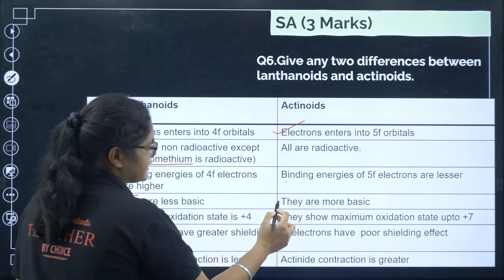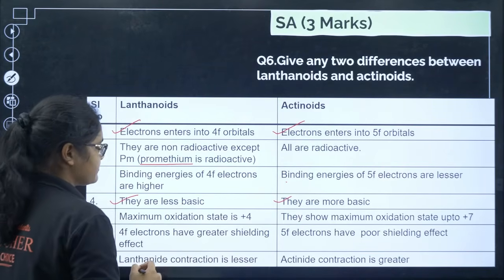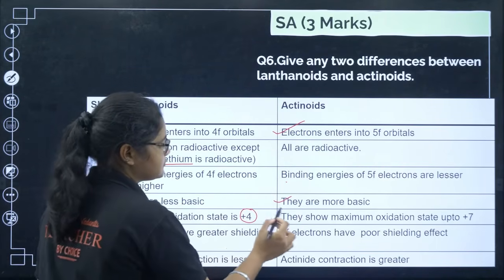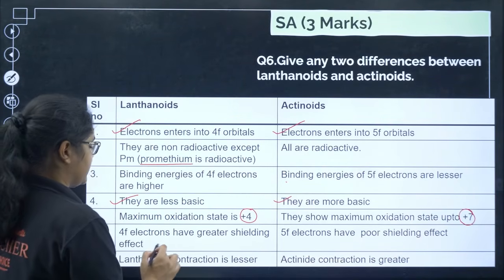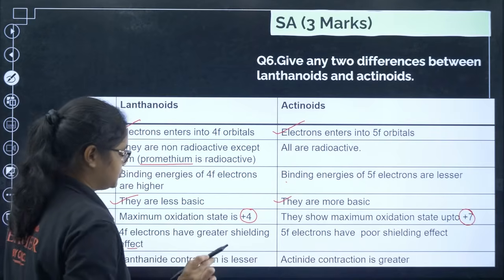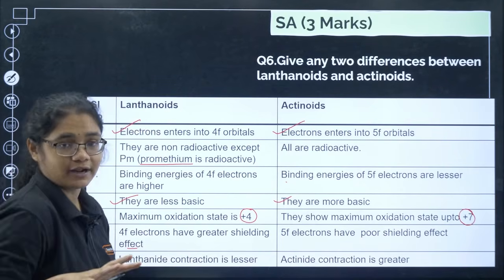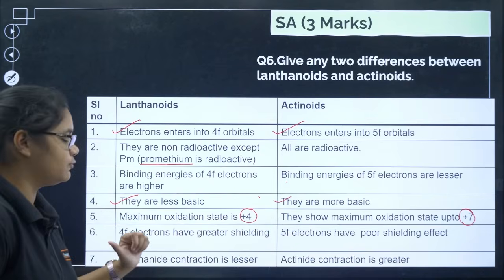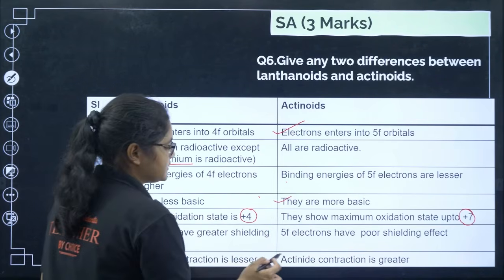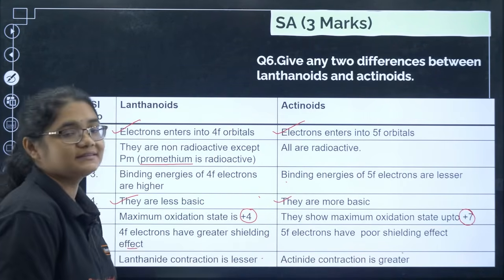They are less basic, these are more basic. Maximum oxidation state is +4, maximum oxidation state is +7. 4f have a greater shielding effect, 5f have a poor shielding effect. Both of them are poor, but if I compare, 5f has a lesser shielding effect than 4f. Next, lanthanide contraction is lesser, here actinide contraction is greater.